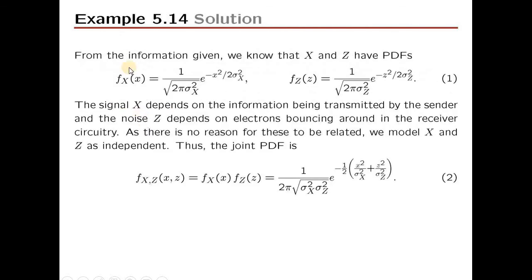We do the same thing, we write the marginal PDFs of X and Z and do the multiplication, and we get this joint PDF. From here we easily know that this is equal to the multiplication of the marginal PDFs. So this means that X and Z are independent random variables.